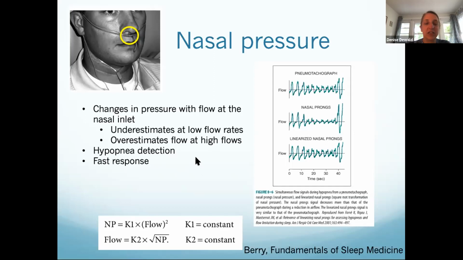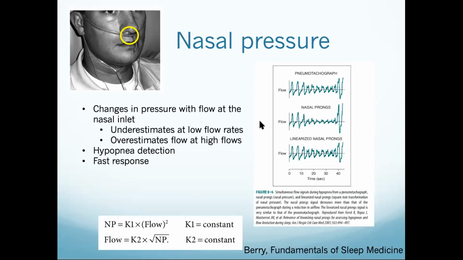But it just overestimates. So you'll see signals where it looks like an apnea on the nasal pressure signal, but then you'll still see a good thermistor signal. And so you use the thermistor signal to see if it's actually an apnea. Does that make sense to you guys? Yeah.